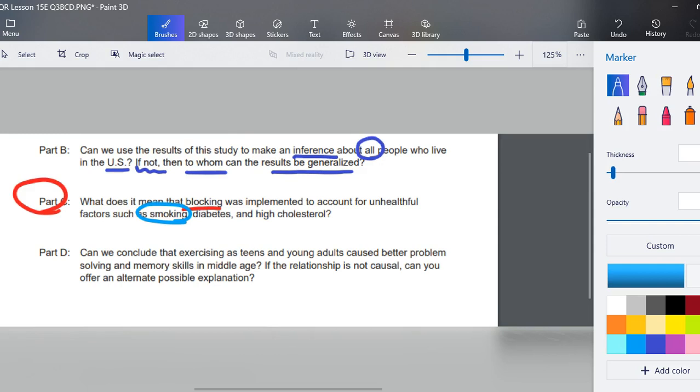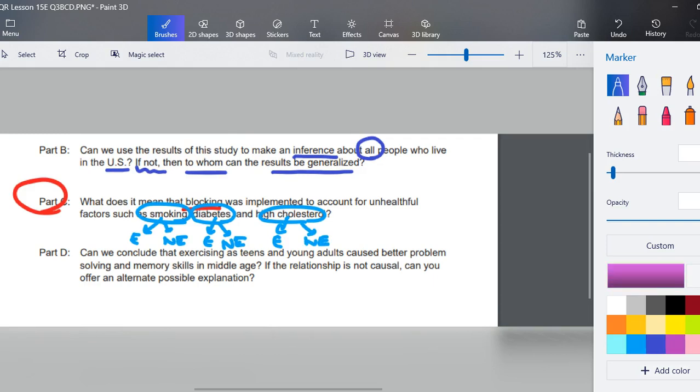The same would be done for people who have diabetes, they were blocked, and high cholesterol, they were blocked. And so what's happening is you have a smoking group of exercise and not exercise, a diabetes group of exercise and not exercise, etc. High cholesterol of exercise and not exercise.